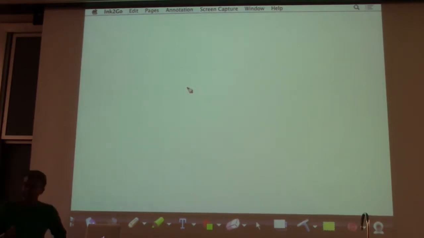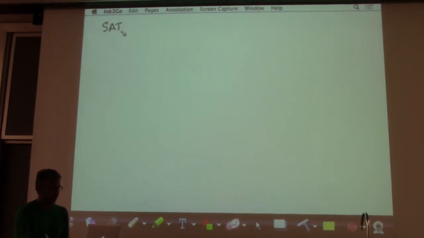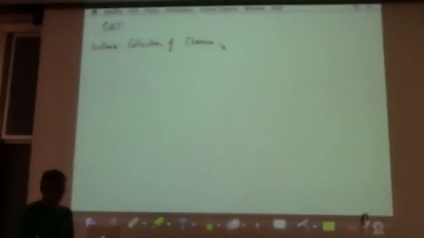So you remember this problem called SAT. If you remember, SAT was a problem where the instance is a collection of clauses. Let's call them C1 and C2 up to Cm.